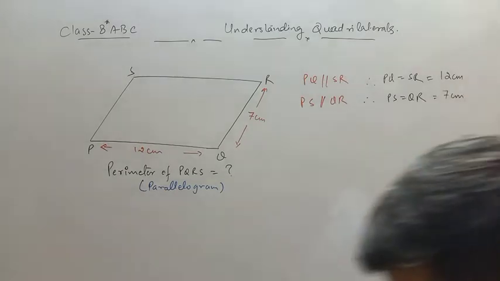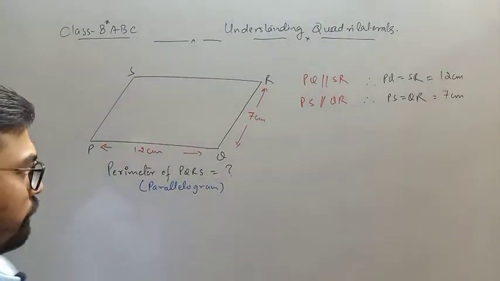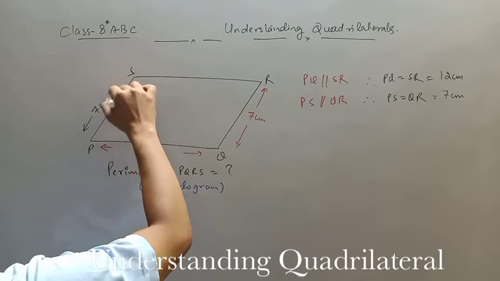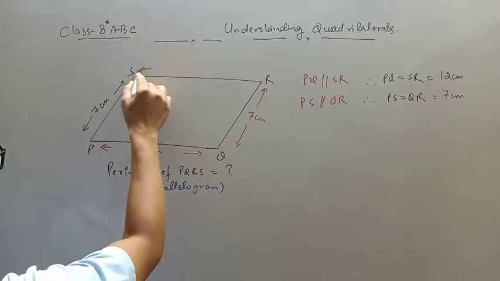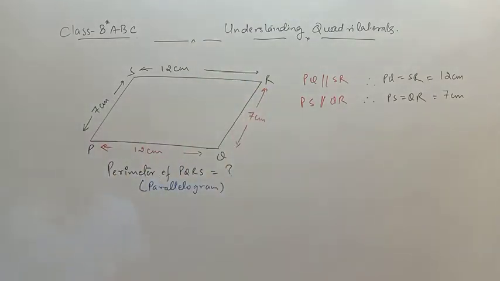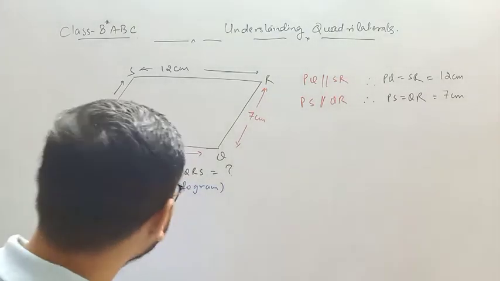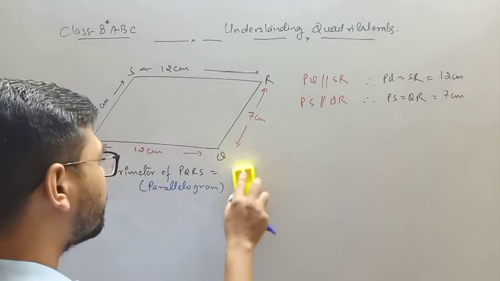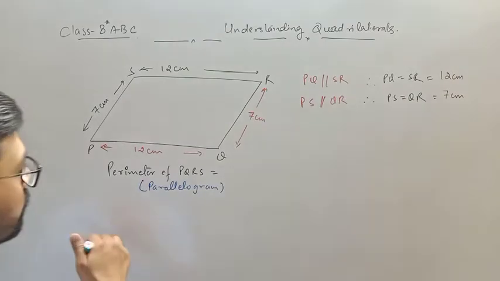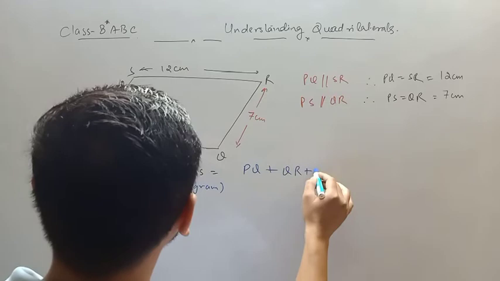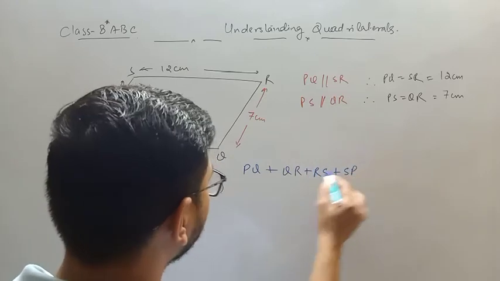Now you need to calculate the perimeter of this parallelogram. If this is 7, then this side is also 7 centimeters, and if this is 12, then this side is also 12 centimeters. Now the perimeter of parallelogram PQRS, which is not a triangle, is equal to PQ plus QR plus RS plus SP.